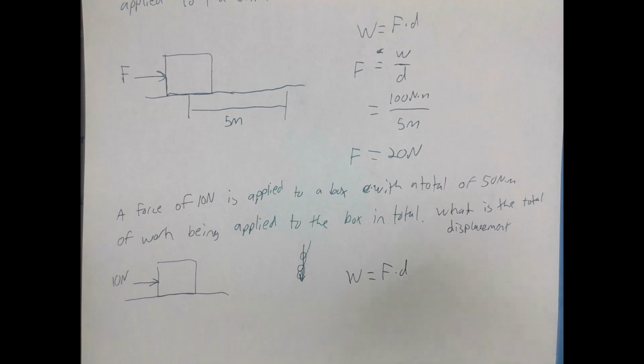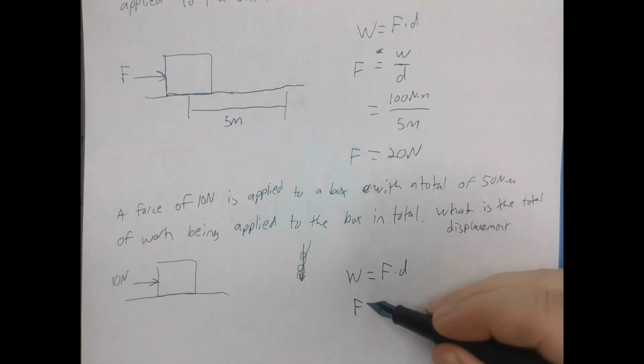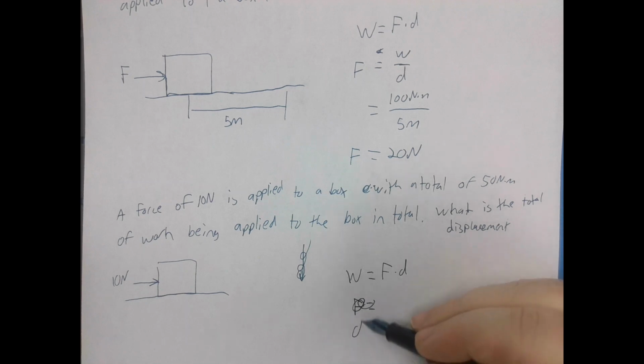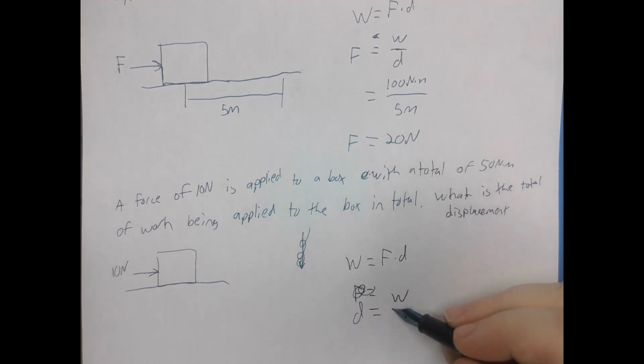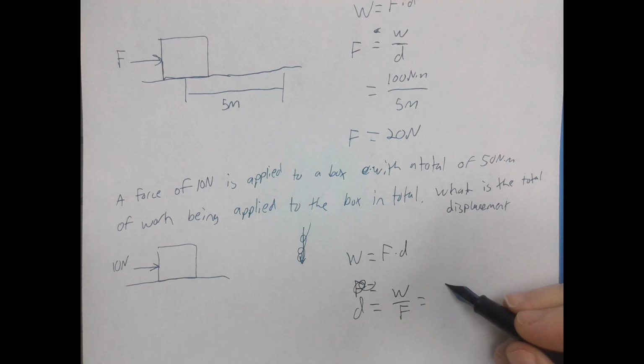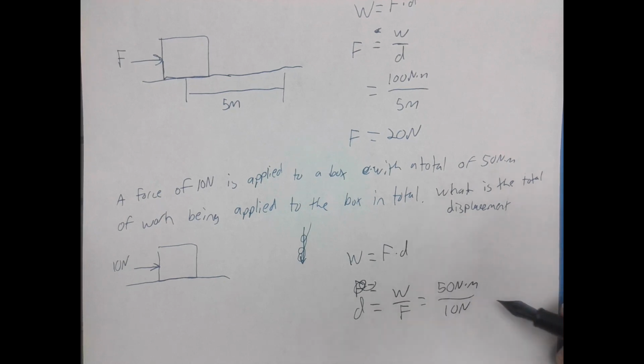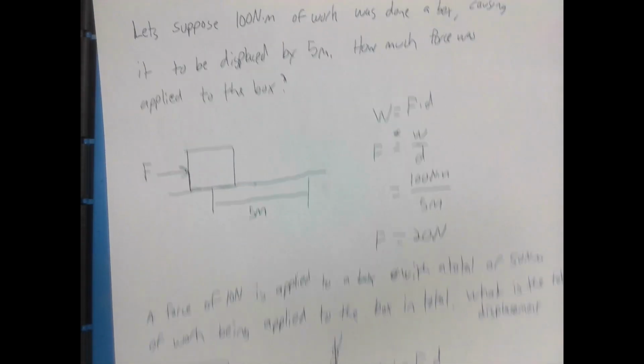If we're not concerning ourselves with direction and the force is all parallel, then we can simply write displacement equal to work over force. Work was 50 Newton meters, force was 10 newtons, so we traveled a distance of 5 meters. Seems fairly straightforward, right?